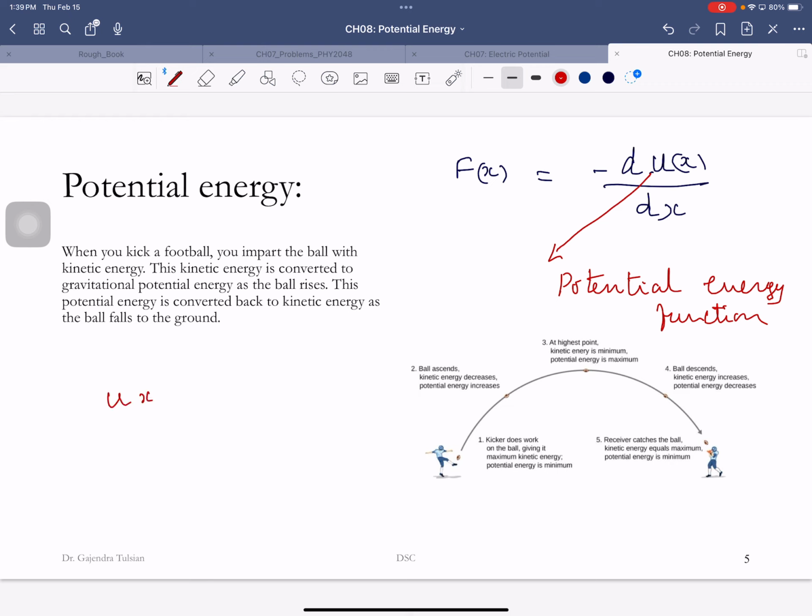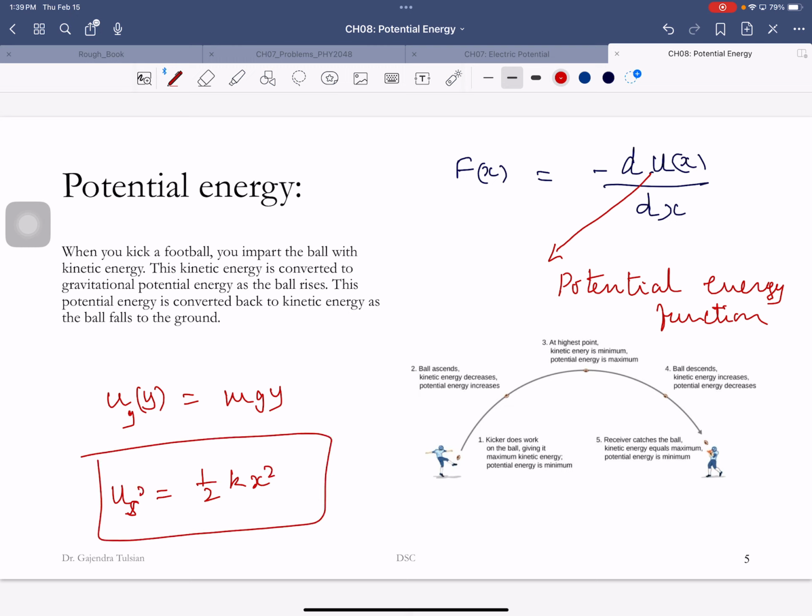For gravity, we generally write it mgy. And for spring potential energy, what is the potential energy for the spring? 1/2 kx squared. Okay. All right, so you know what the potential energy function is. Okay. You guys understanding this? All right.